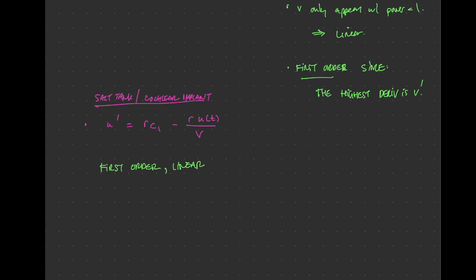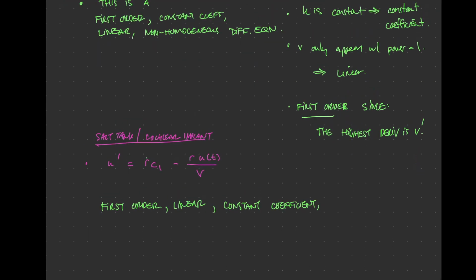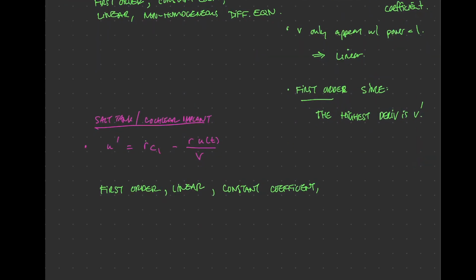We can see it's a constant coefficient because R, the flow rate, and V, this R over V, is constant because the volume of the tank or the chamber is fixed, and the rate of flow is fixed in this example, right? And we know that this is non-homogeneous because we have a forcing term here. We have an input. Ordinary differential equation.